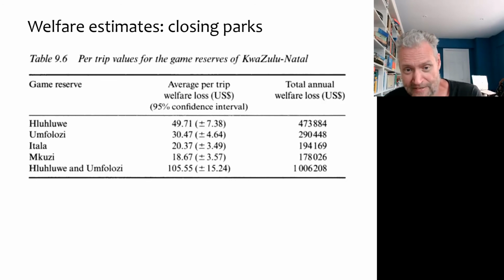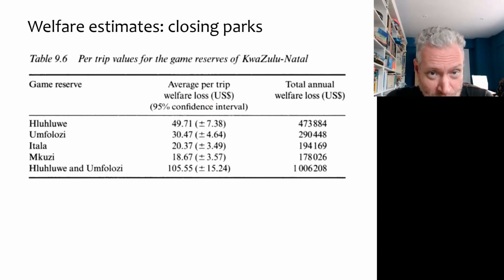And then here are some of the results that they found. So in this column here we have the per trip welfare loss if these parks would disappear, right? Or if they would be prohibitively expensive, or if all the animals in the park would be shot by poachers, so there is no reason to visit it anymore, right?